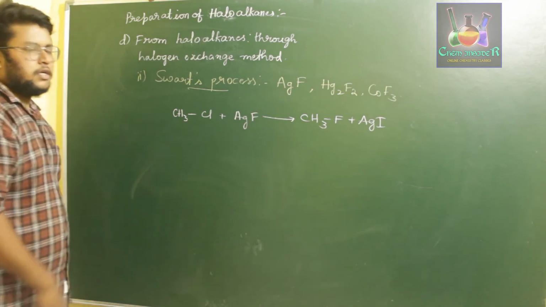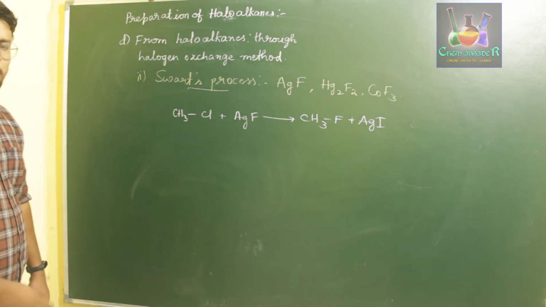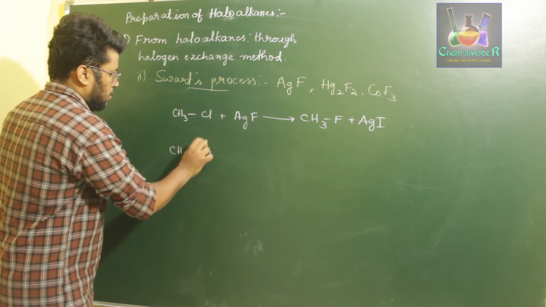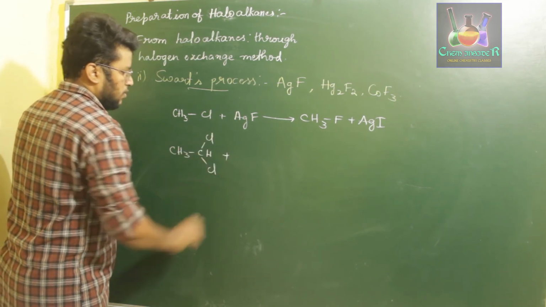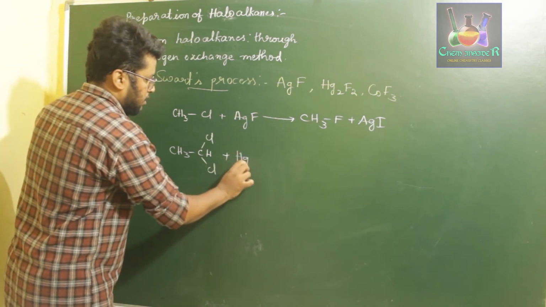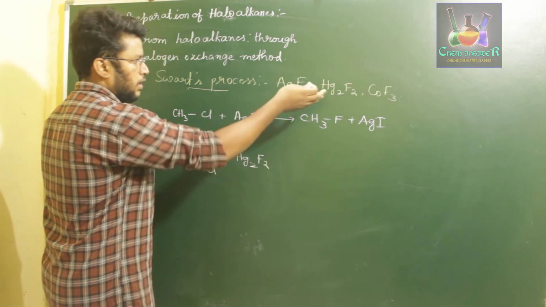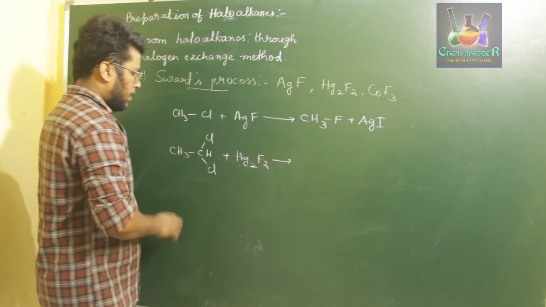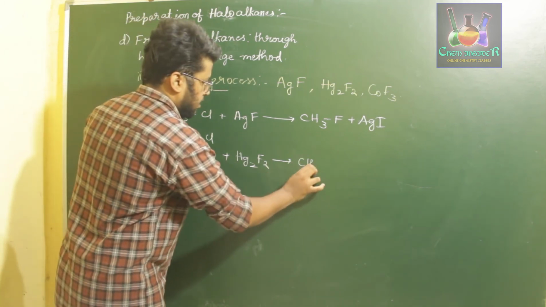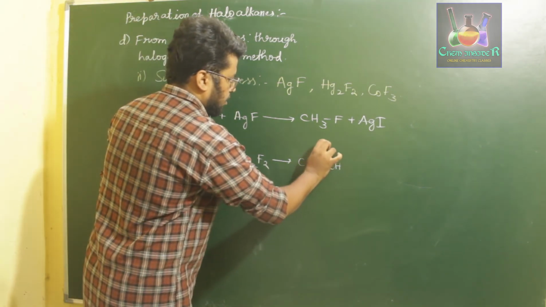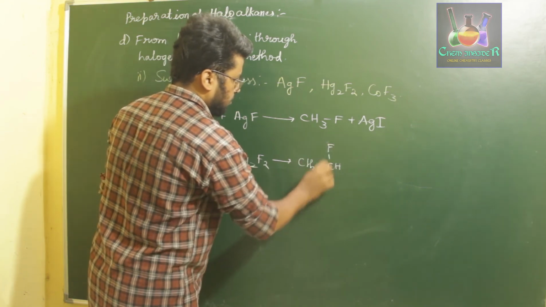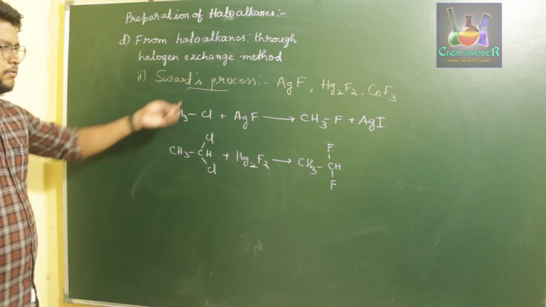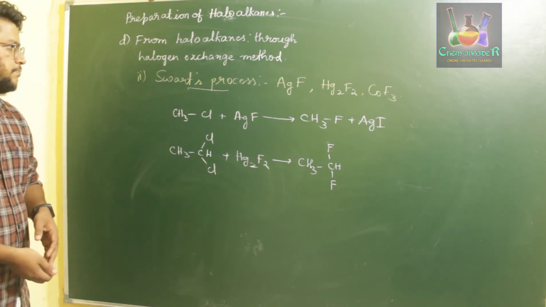If you have to replace two or more halogens attached to the same carbon atom, let us say geminal halides such as CH3CHCl2, then treat them with mercuric fluoride, HgF2, or you can also treat them with cobalt trifluoride. This leaves us a halogen exchange where we get CH3CHF2. Instead of fluorine, you can also use silver iodide in order to prepare the respective iodoalkane.